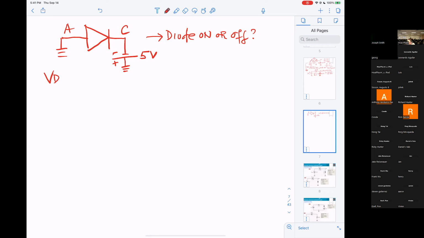That's a diode voltage. We already know VA minus VC. VA will be 0, right? Ground. Minus VC. VC will be minus 5.